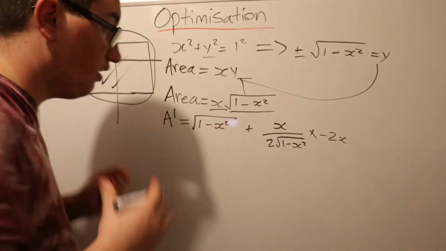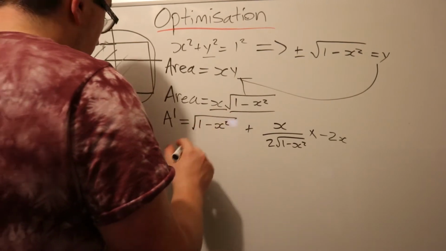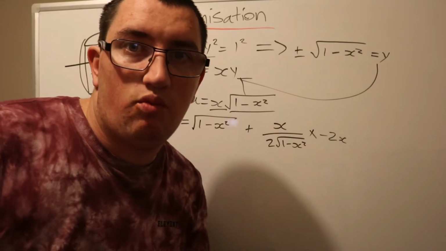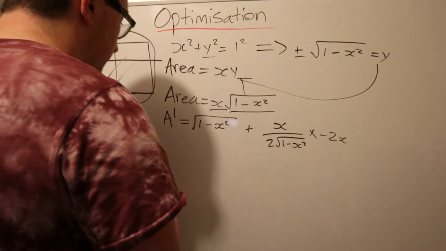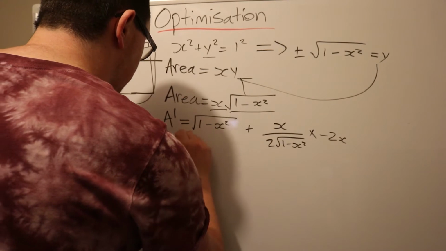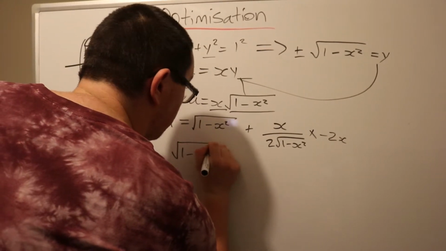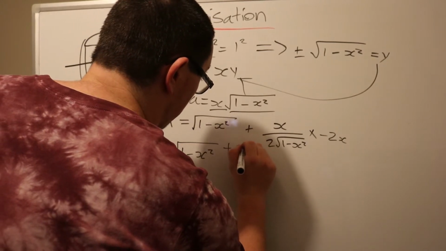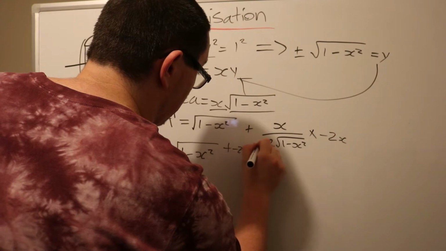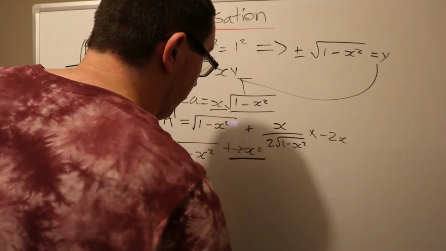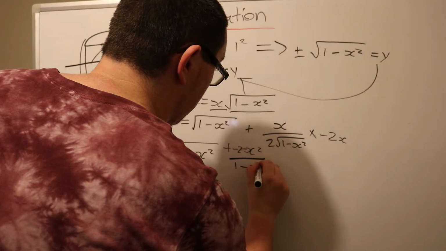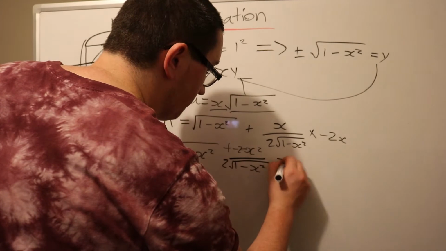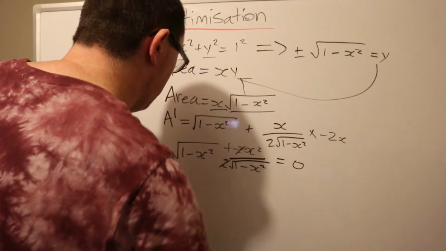Okay? So that is the equation for our derivative, and to find a minimum or a maximum, we have to set this equal to 0. So we get 1 take away x squared minus 2x squared, all divided by the square root of 1 take away x squared, equals 0.